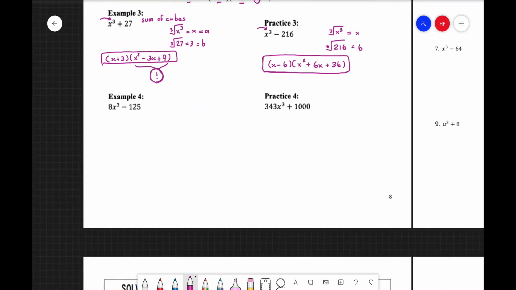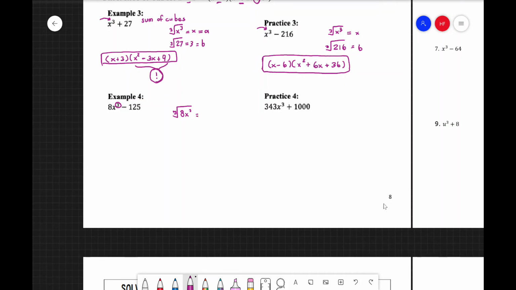On example 4, we have 8x cubed minus 125. This cube with two terms is my key that it might be a sum or difference of cubes. It is possible that it would not work. Since these are examples, we are assuming that it will. So we're going to take the cube root of both terms, 8x cubed.